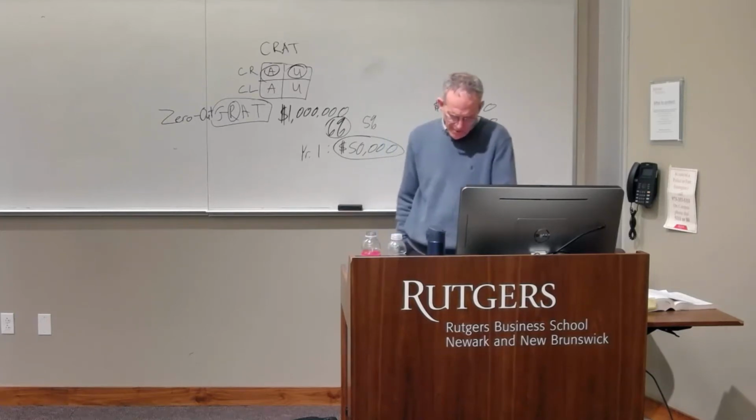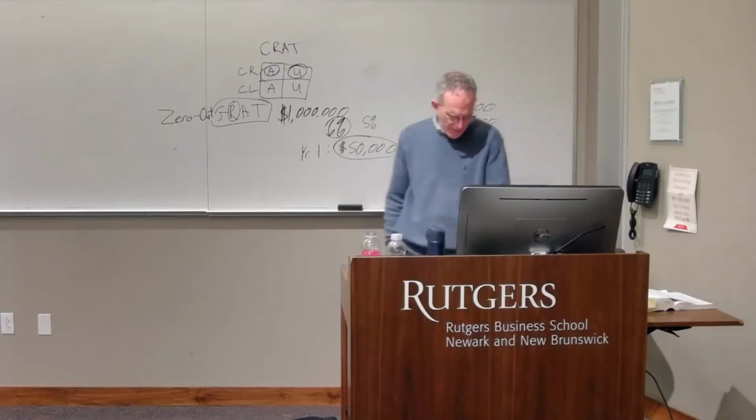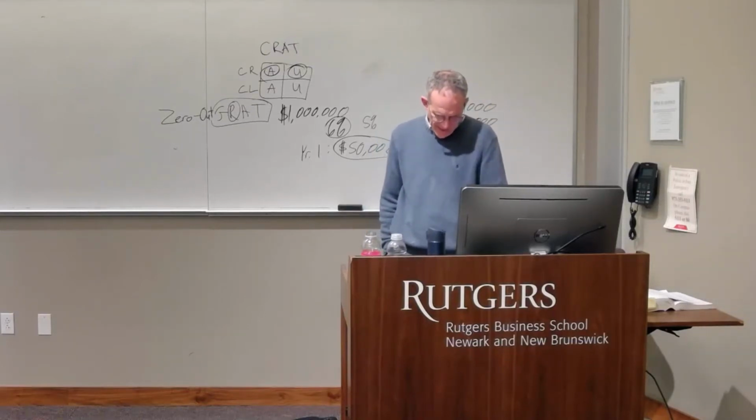Next year we have the value of principal 140. What's 5% of that? 7,000. But we have $12,000 of income. We still have a $500 shortfall. So we can pay out 7,500, right?